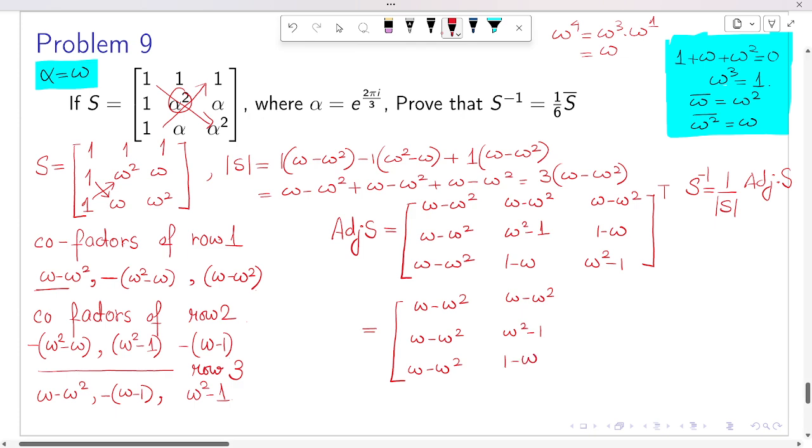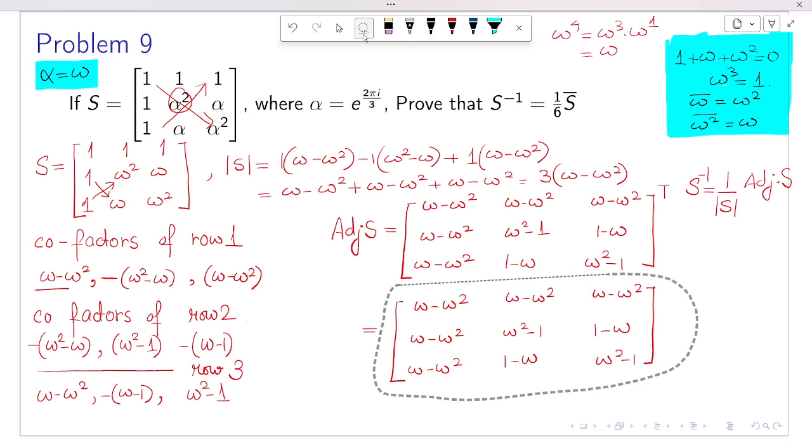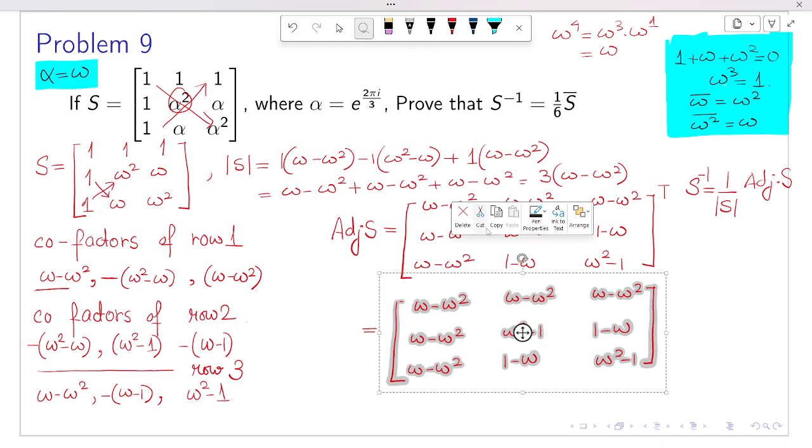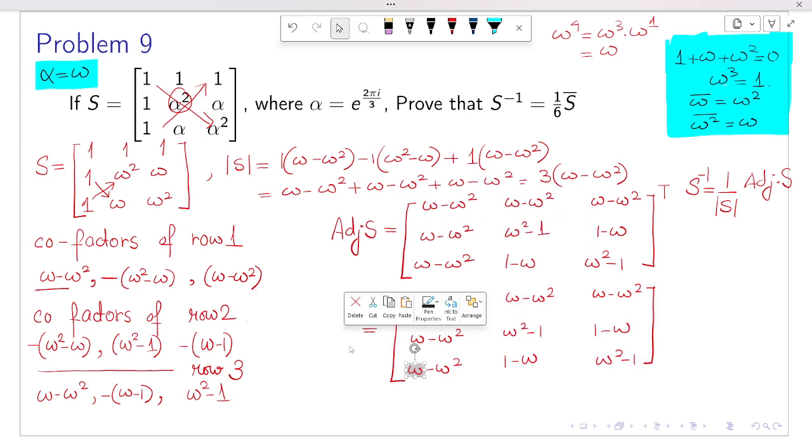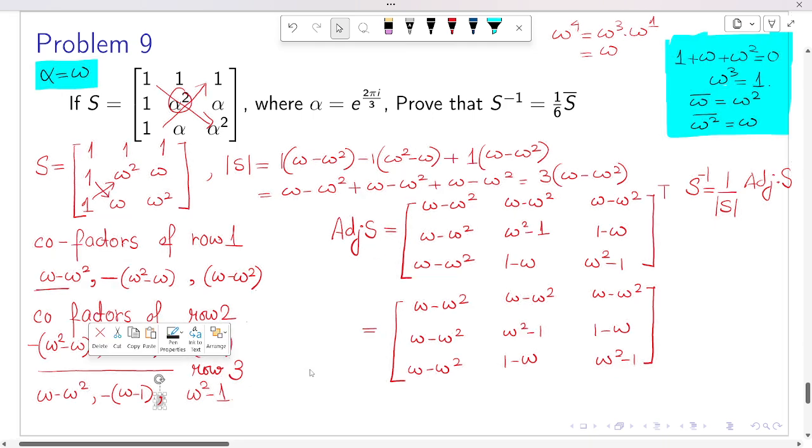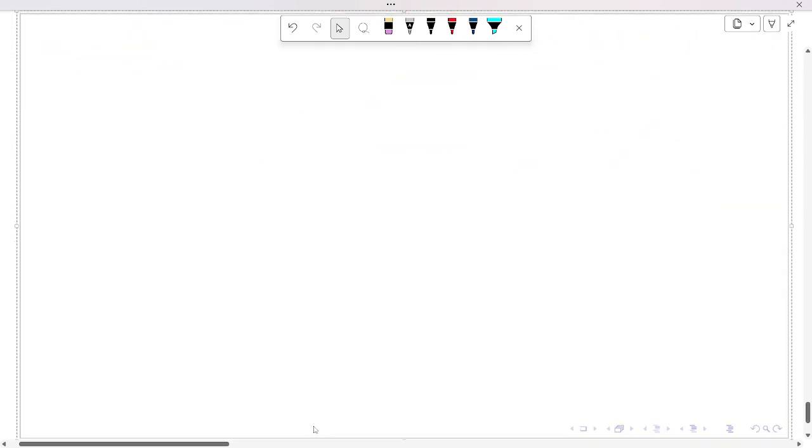Because this matrix is just a symmetric matrix, this is just the same. So this is the adjoint of this. Now let us calculate S inverse.